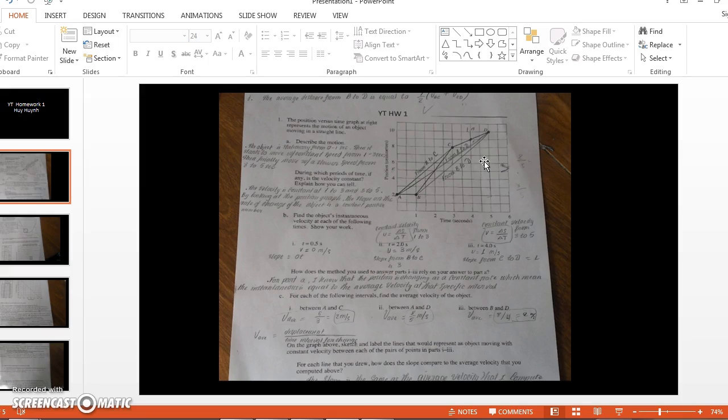So basically the slope of the line that I drew is the same as the average velocity of that interval.